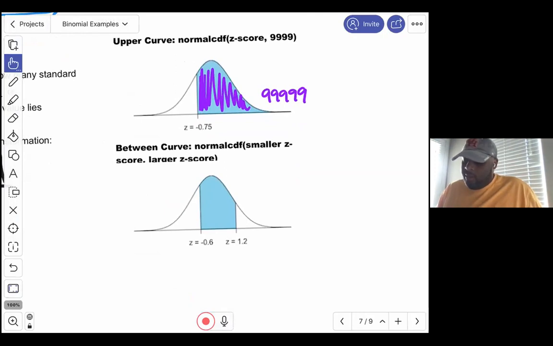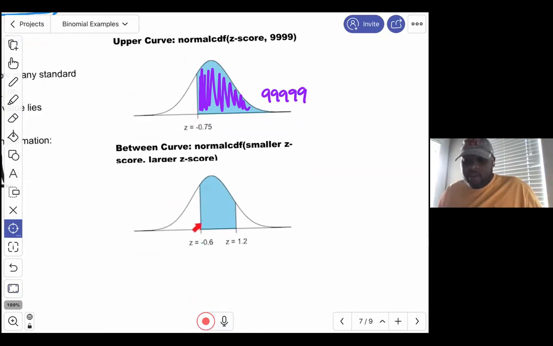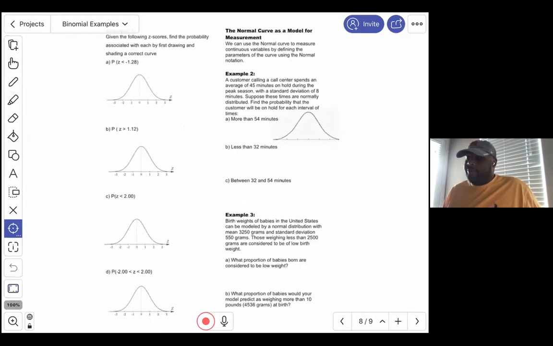And then the next one is what we call a between curve. In betweens, your lower is here on the leftmost shade, the upper is here on the rightmost shade, and you're shading between two values. So we're going to practice this. Look at the next examples, and we'll start there.